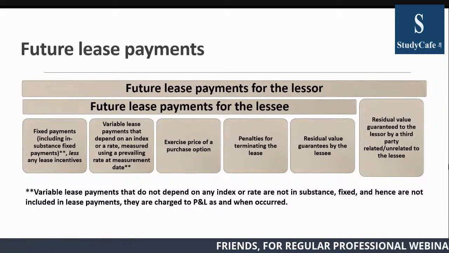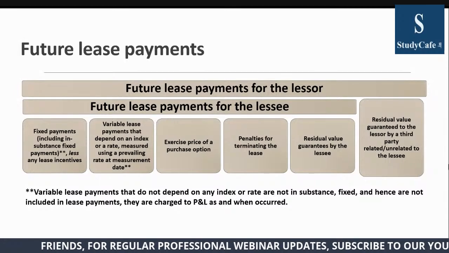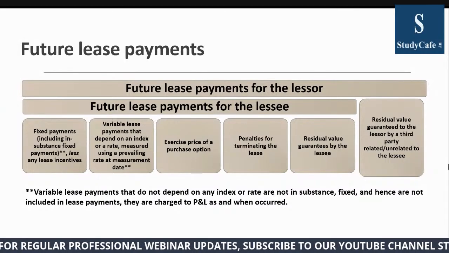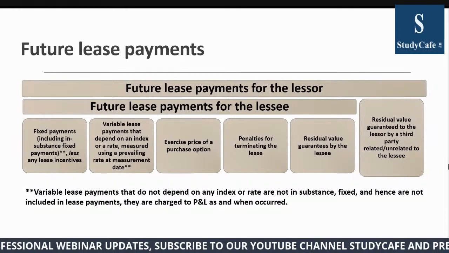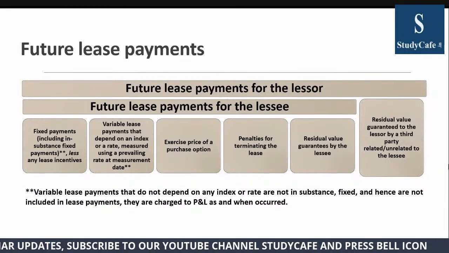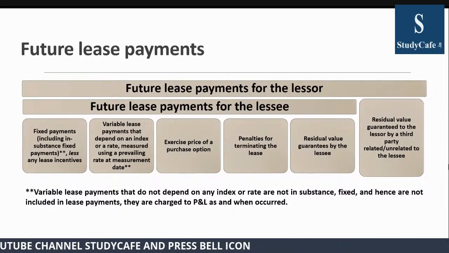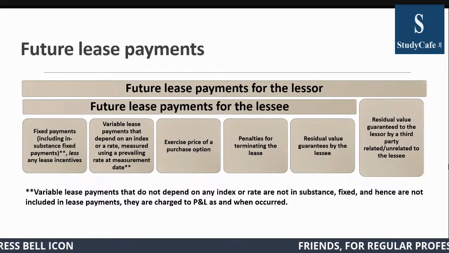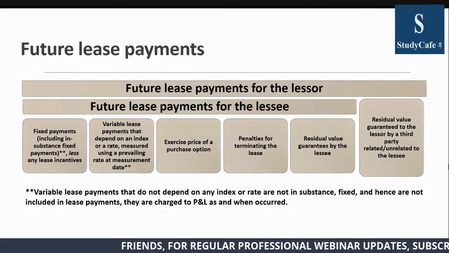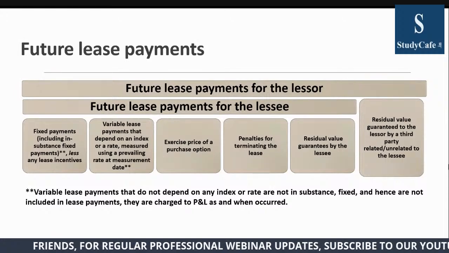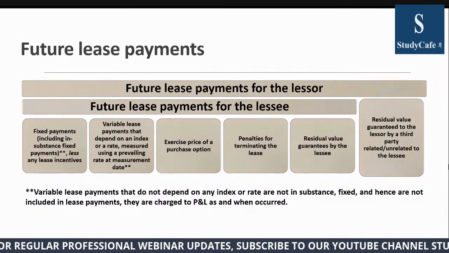Now, the interesting factor in this entire slide is variable lease payments. In calculating the future lease payments, only the variable lease payments which are dependent upon any index or rate are considered. Variable lease payments which might be dependent upon, say, sales of the lessee are not included in this case.